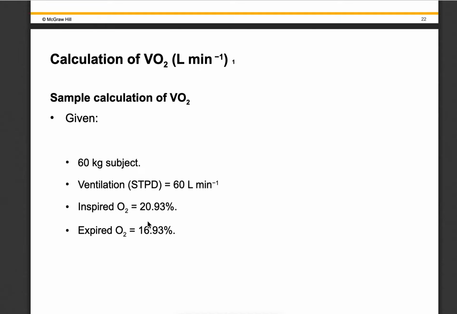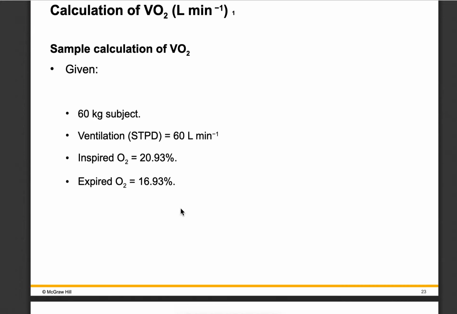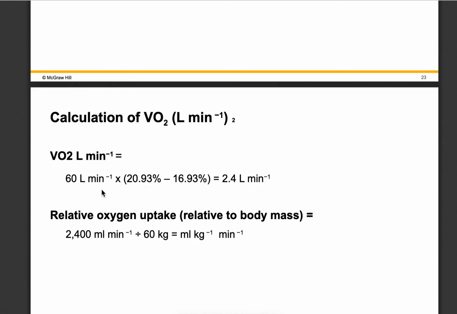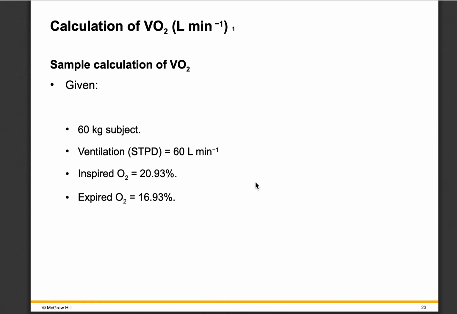So there's about a 4% difference, and you're moving 60 liters of air. So that's not oxygen, that's air. And so we can figure out how much oxygen you're actually utilizing, which is about 4% of this 60. So every single minute you're consuming about 2.4 liters per minute based on this, whatever activity they're doing.